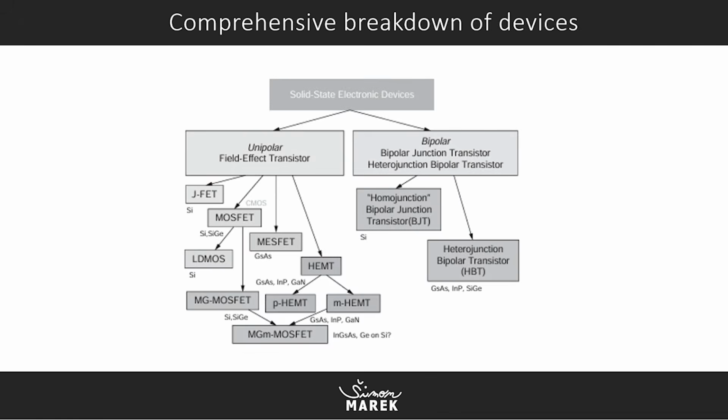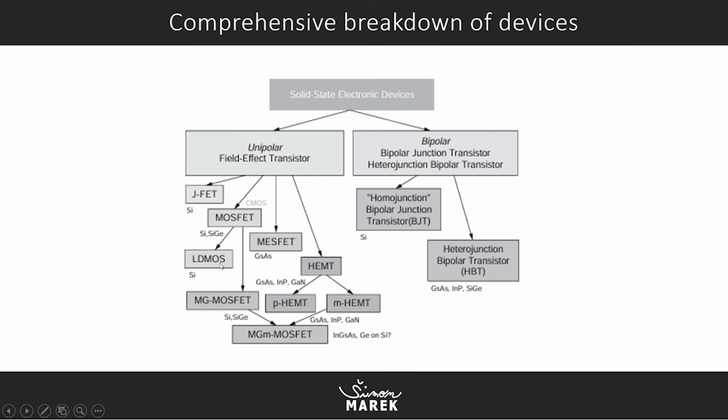So there is a comprehensive breakdown of devices. We either have bipolar, and it breaks down to classical BJTs and heterojunction ones, and then we have our unipolar transistors, which is just MOSFET.